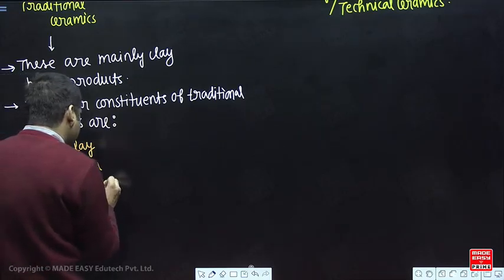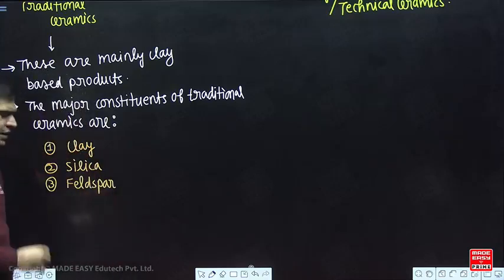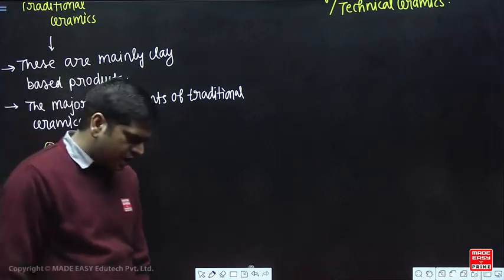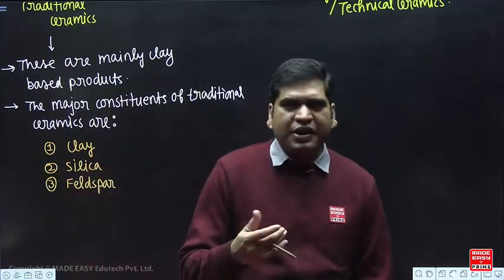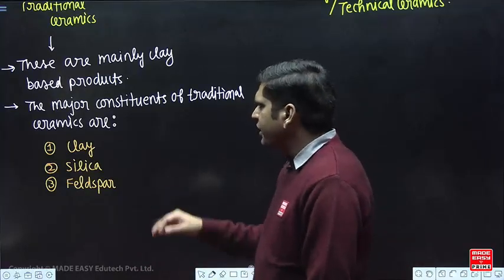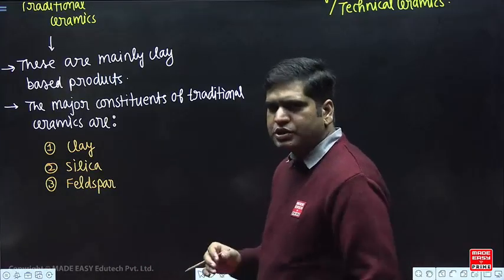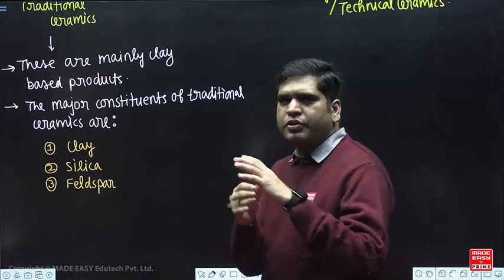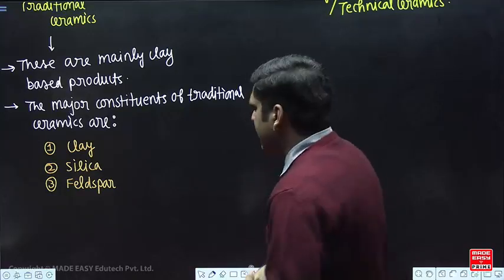Feldspar is basically hydrated oxide, like aluminum oxide, hydrated means water content is very high. So this works as a bonding agent for the other components, so that all these components can be easily given the desired shape.